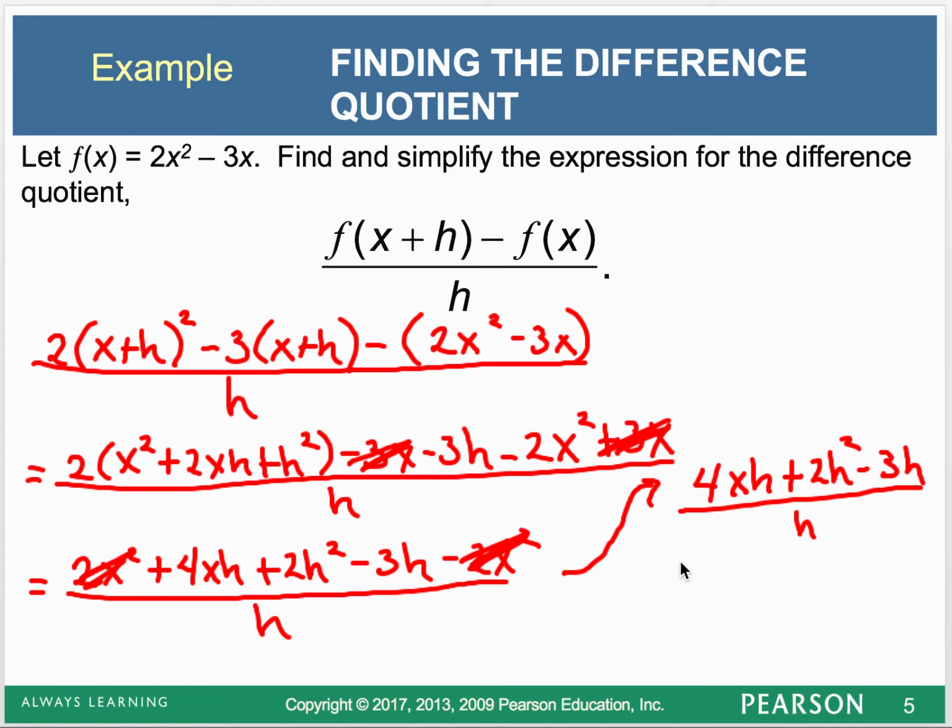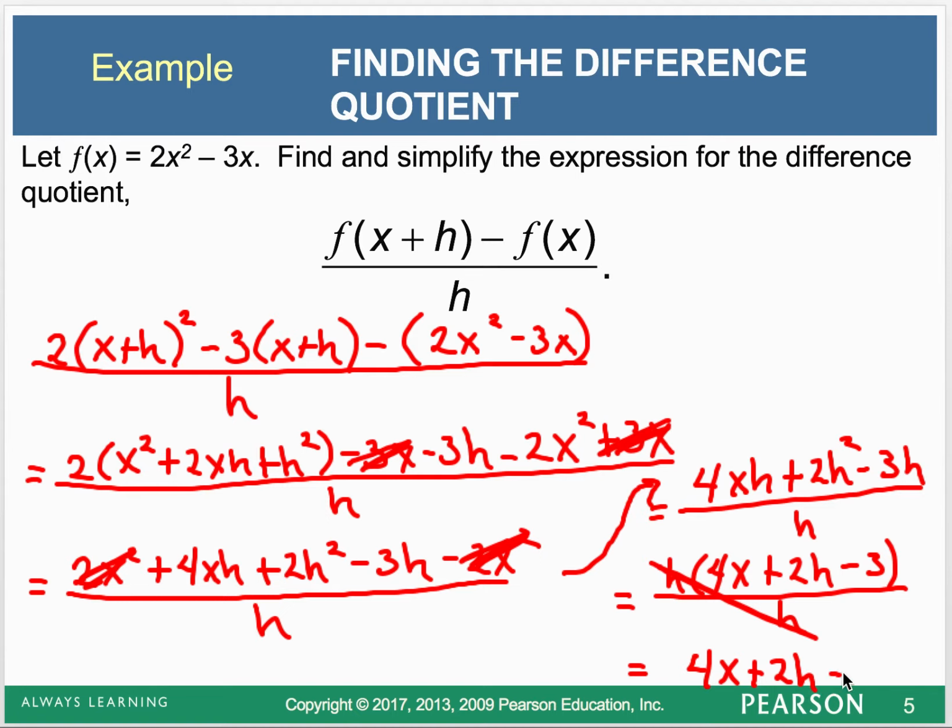So let's factor that h out and leave 4x plus 2h minus 3 all over h, so that I can eliminate that. So finally, my difference quotient value is 4x plus 2h minus 3.